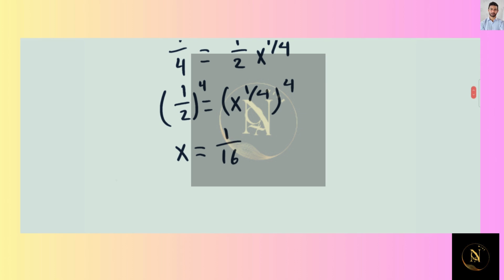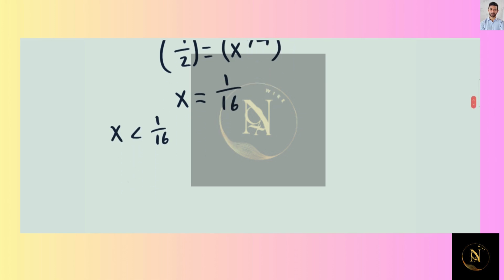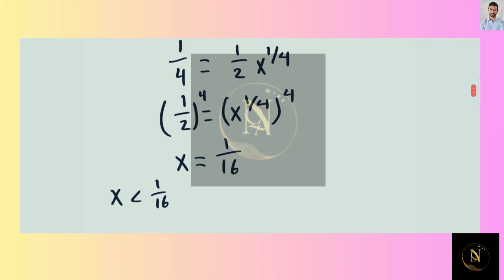So what we want to look at are values of x that are less than 1/16 and values of x that are greater than 1/16, and look at the sign of our derivative to figure out if this is a max or minimum value.